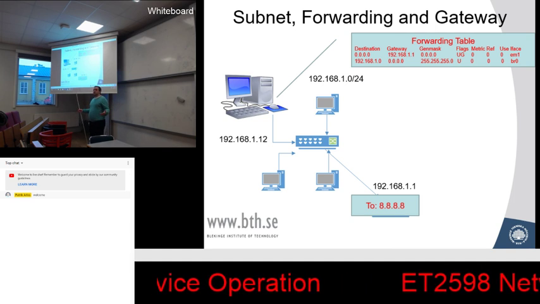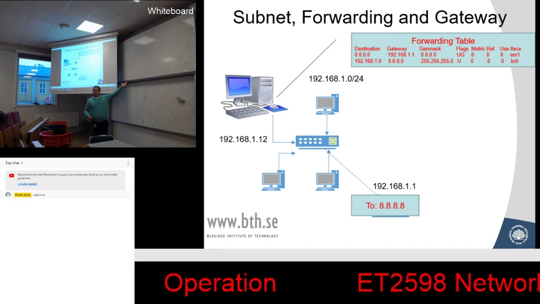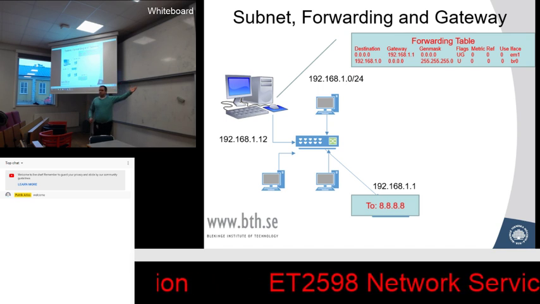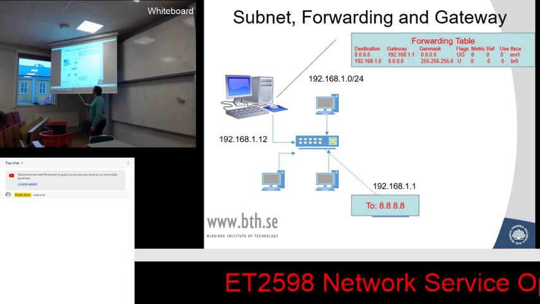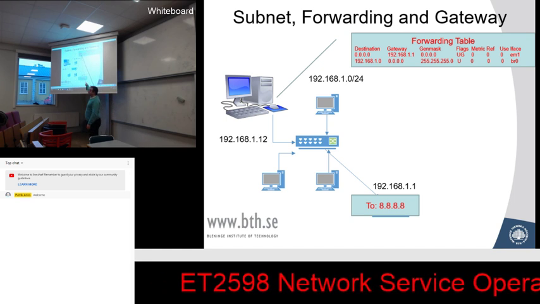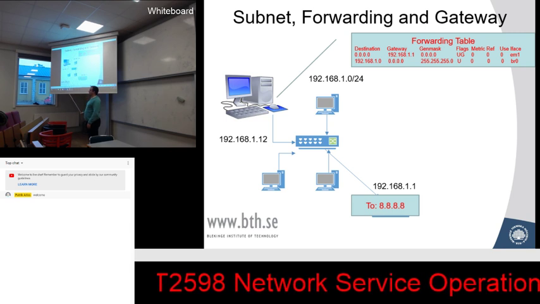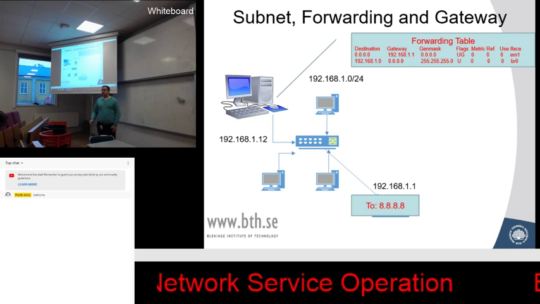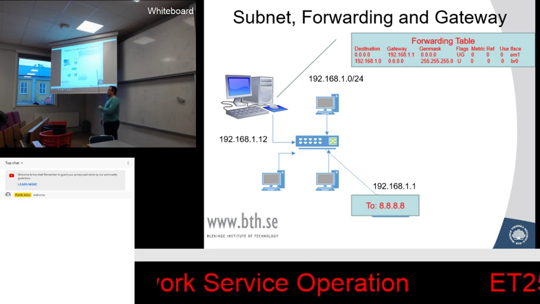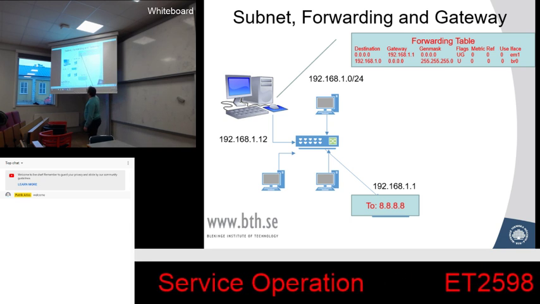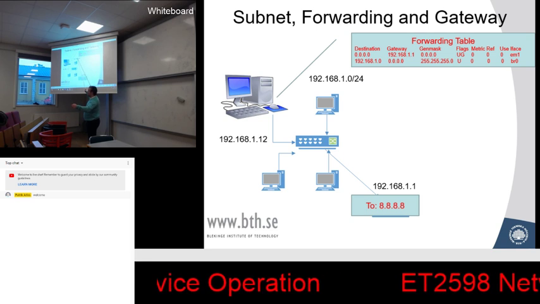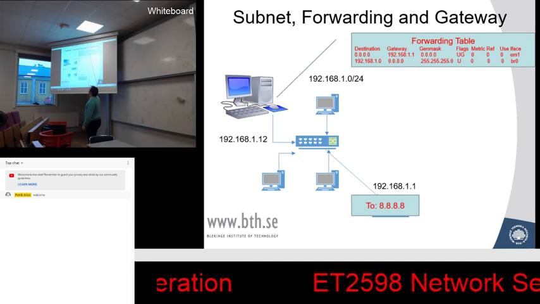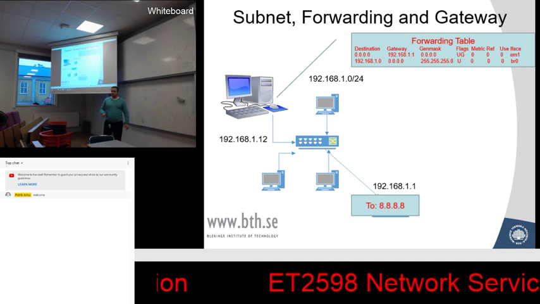I don't know what to do with it, I will send it to that entity because it might know what to do with it. If that entry would not be present here, this device would kick back and say, network unreachable, because I cannot reach this network. But the way you do it, you say destination 0, and then the gateway that you want to send it to, and a mask of 0. That is how you do it.